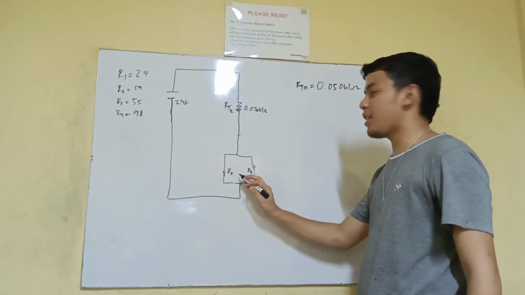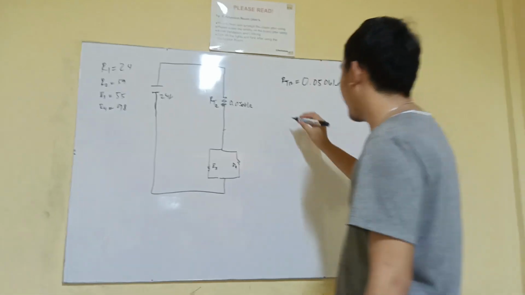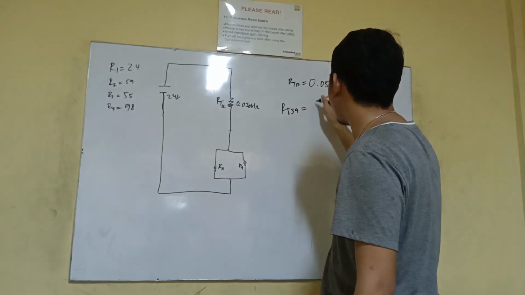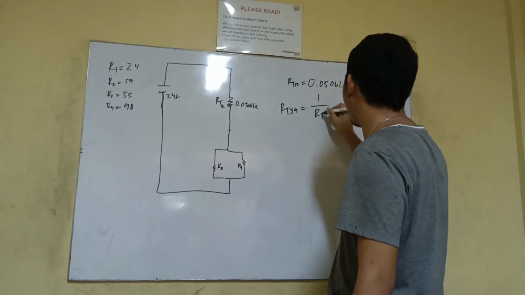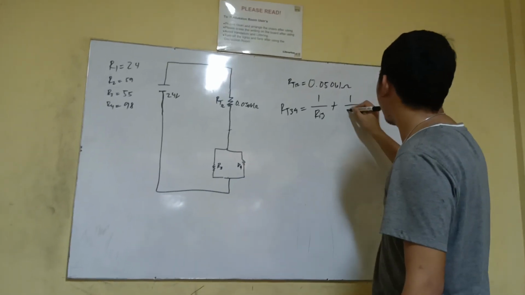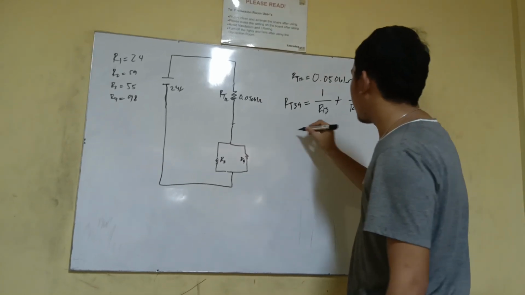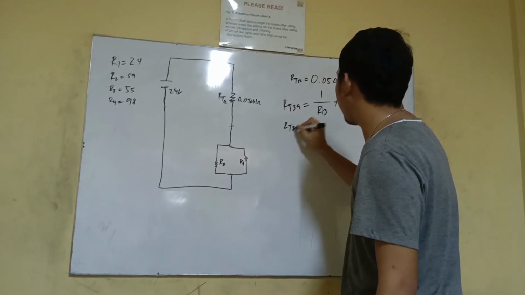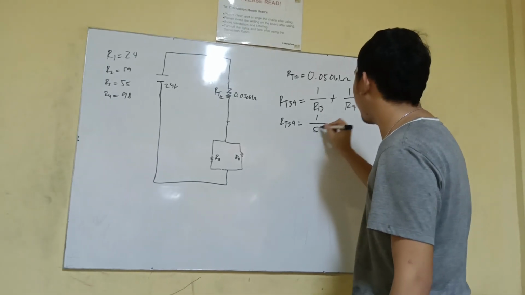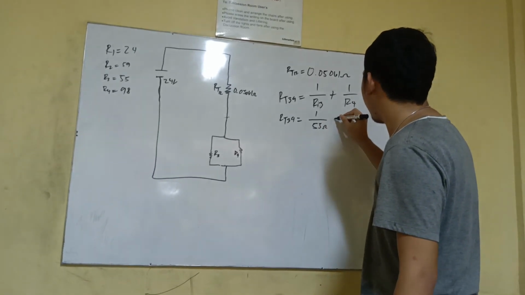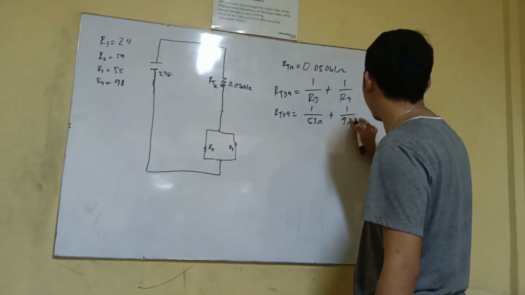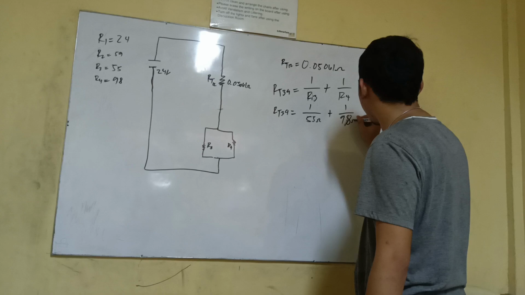Next we're going to get R3 and R4. R total 3 and 4 equals 1 over R3 plus 1 over R4. So we distribute the values of R3 and R4. This equals 1 over 55 resistance plus 1 over 28 resistance.